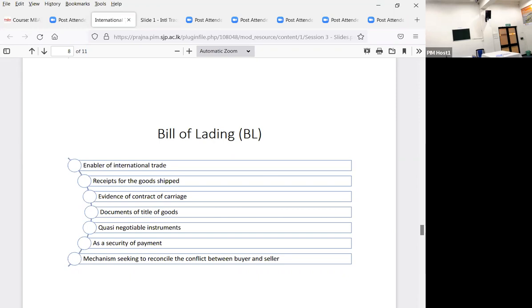So there are 2 wordings they can always use: put on board dates, and the other one is shipment dates. Right now, BL dates, right? BL issued dates, right? Just BL, right?